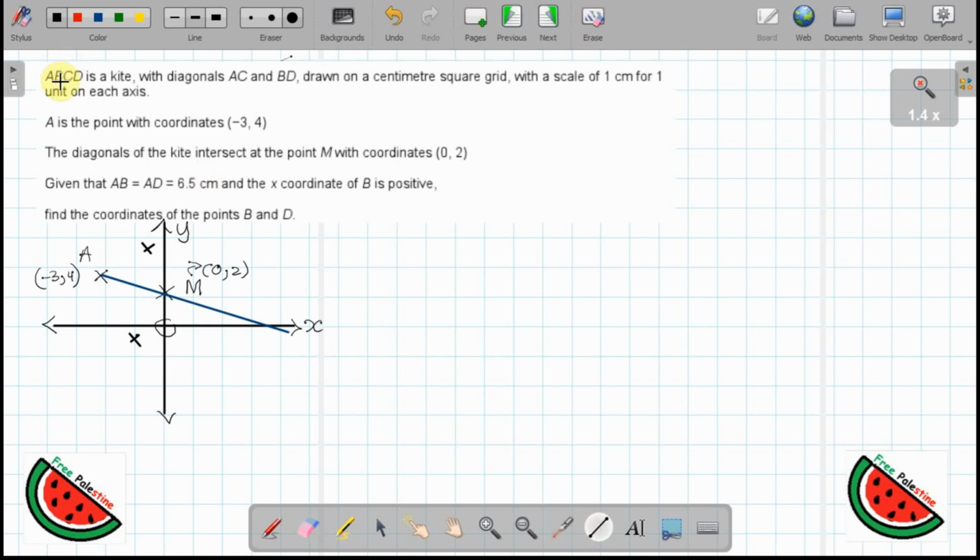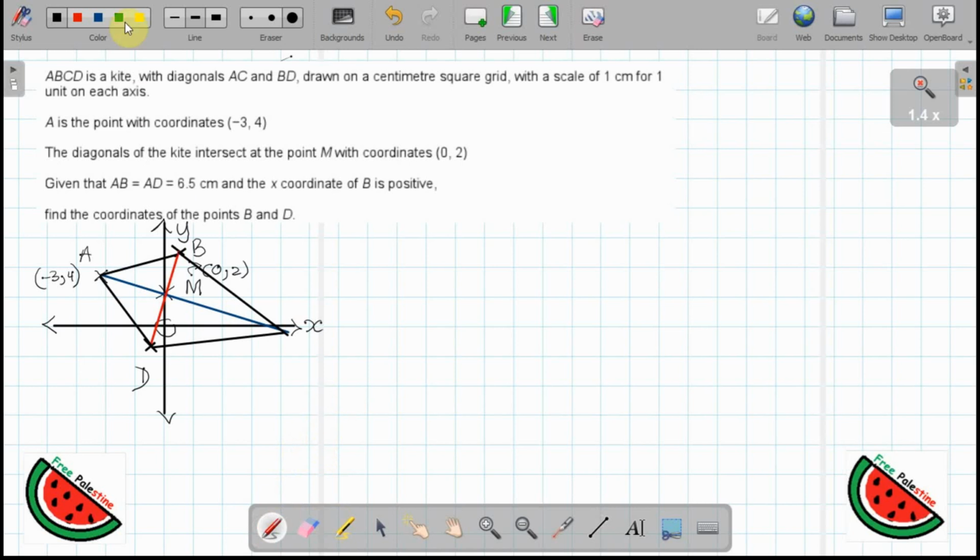Actually, I need to change the location of B and D because, as the question states, the diagonals meet at M, so this line has to go through it. So that's B, and that's D, and that's roughly the location. It's not the exact location. There we go. I'll just connect the points to complete the kite.